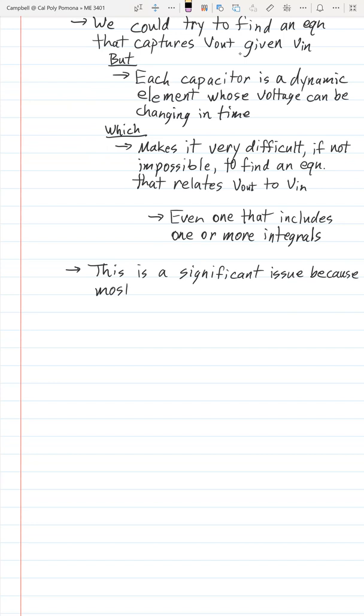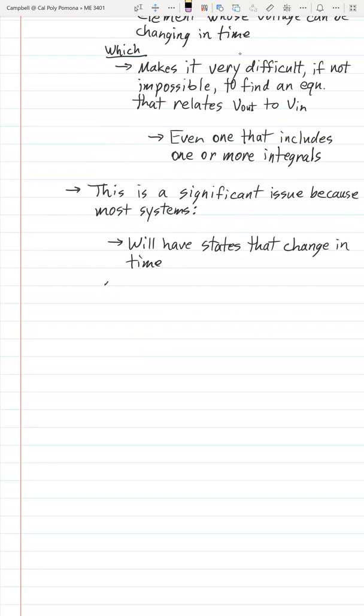Because, of course, here this gives us a little motivation, because most systems will have states that change in time, i.e. they have a dynamic response, and they will clearly change in time if we have a time-changing input, or an input that changes in time as well. I don't know why that arrow got a little messed up. Let me see if I can erase it.